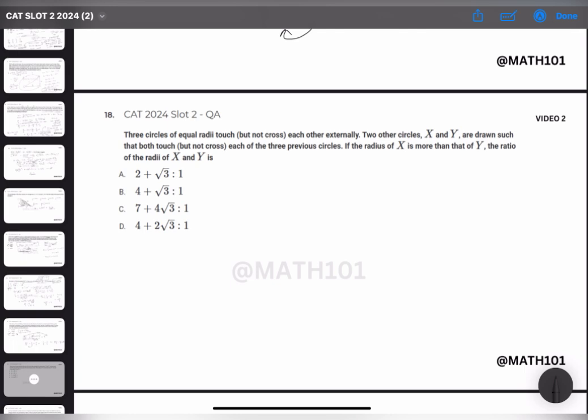Two circles of equal radii touch each other externally. Three circles.